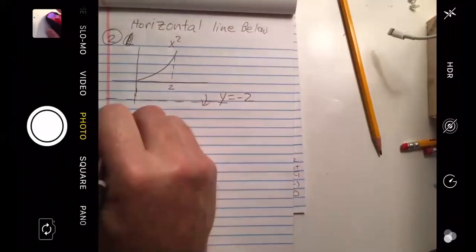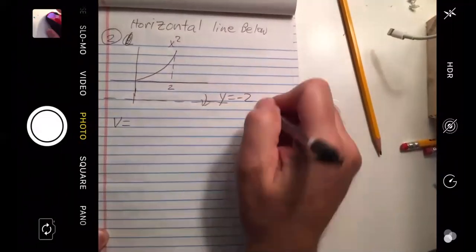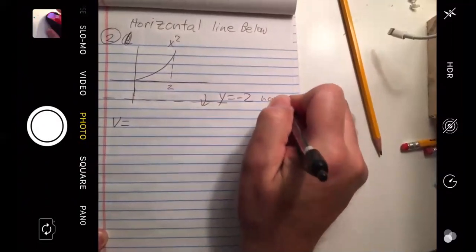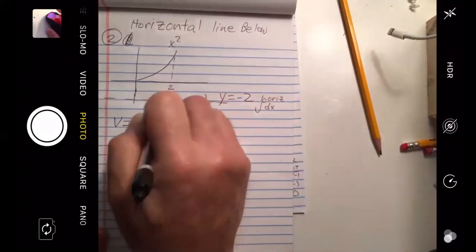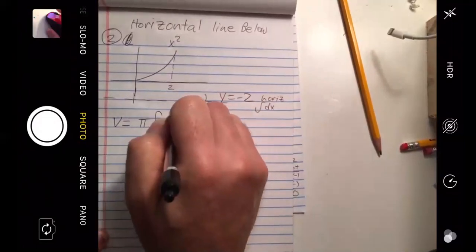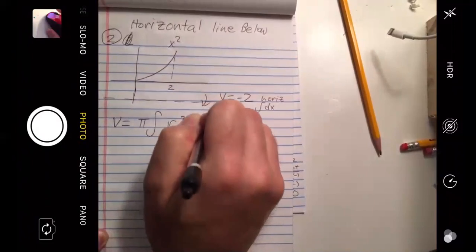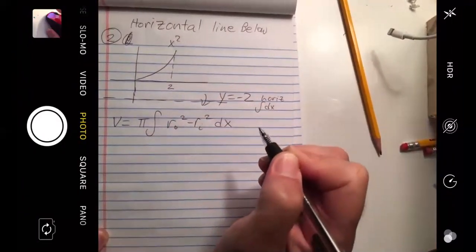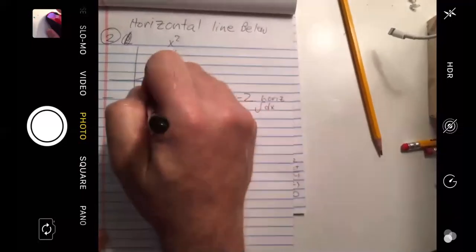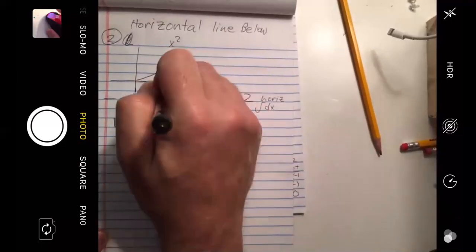All right. Formula I'm going to use. Again, this is horizontal. Integral dx. I'm going to use pi integral of r outer squared minus r inner squared dx. I hope it's obvious the inner radius is the easy one here.